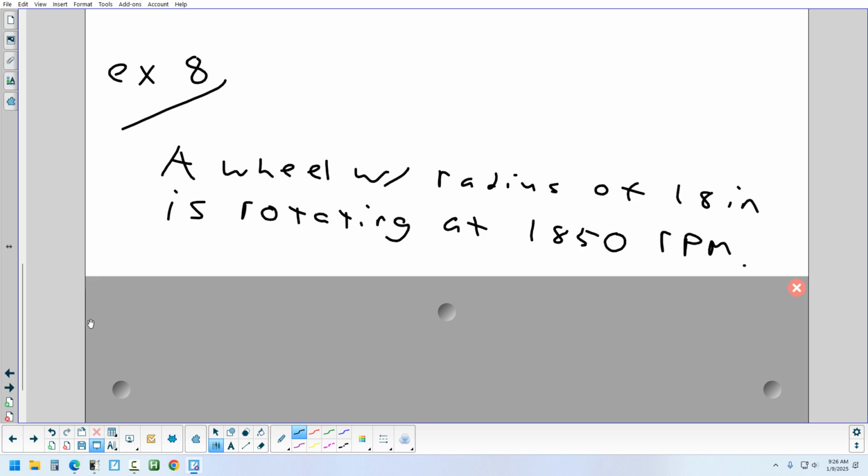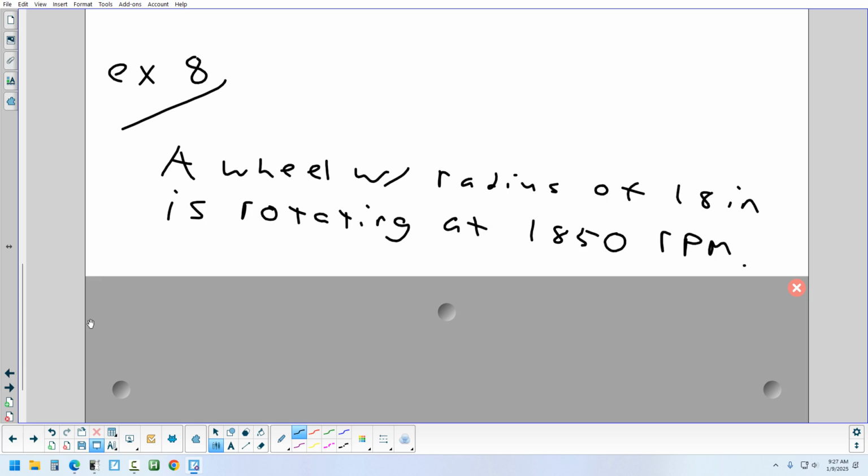All right, so now let's say that we had a wheel that has a radius of 18 inches. And this wheel is spinning at 1,850 RPMs. That's revolutions per minute. If you didn't know what RPM stood for, I would tell you that, because I don't want you to mess that up.